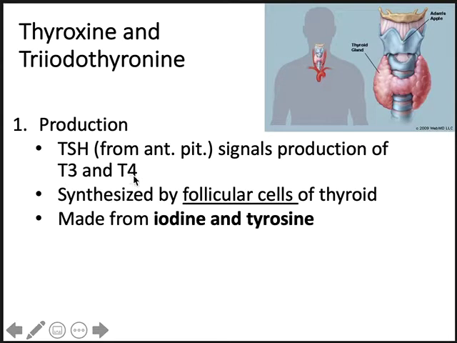Mostly T4, and then T4 is converted into T3 in the blood. Okay, and there are follicular cells of the thyroid that are responsible for making the T4. And in order for them to do that, they need adequate supply of iodine and tyrosine.